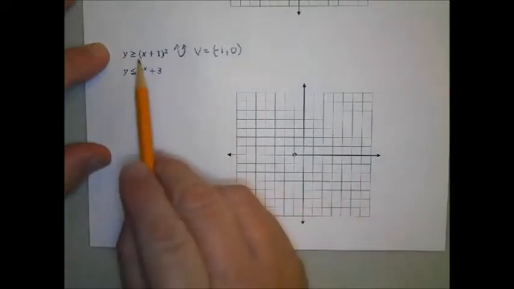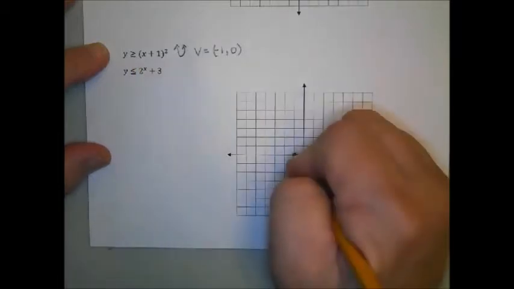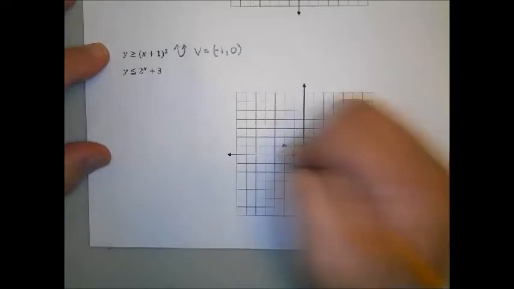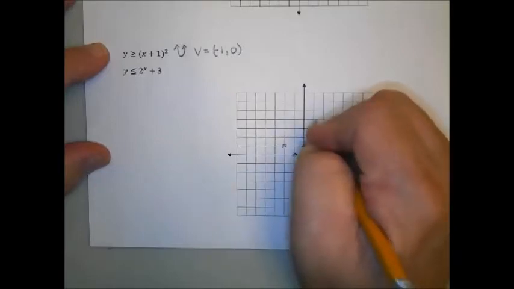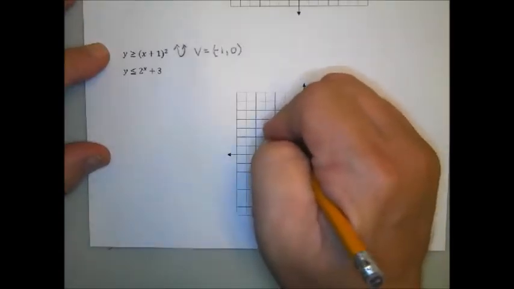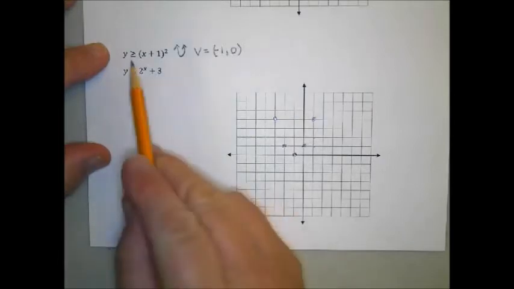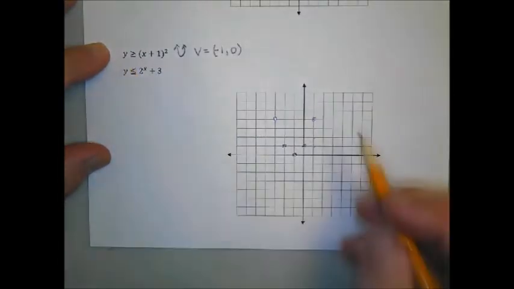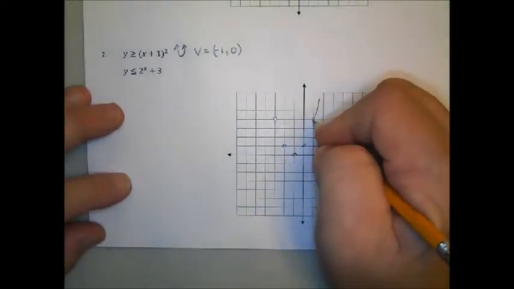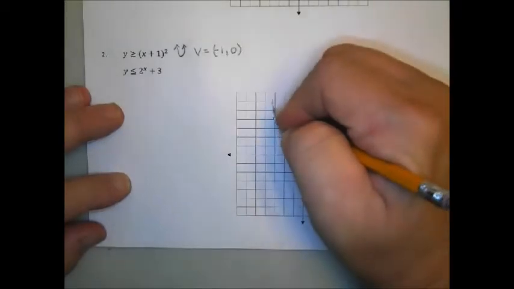Now, because the leading coefficient is +1, I can do the pattern again. Over 1, up 1, over 1, up 3. Now this time it's greater than or equal to, so when I draw the parabola, I actually use a solid curve, not a broken curve.